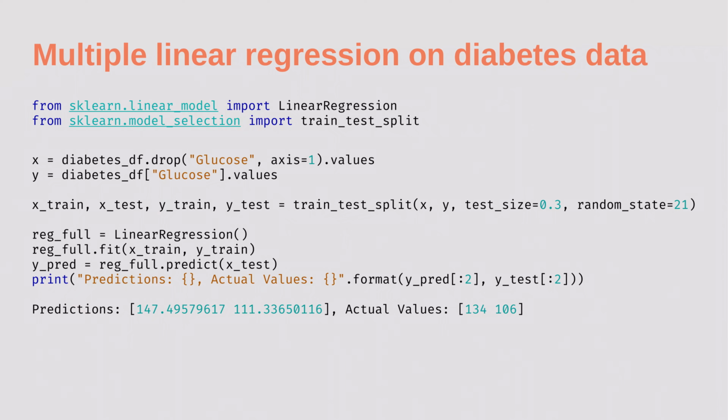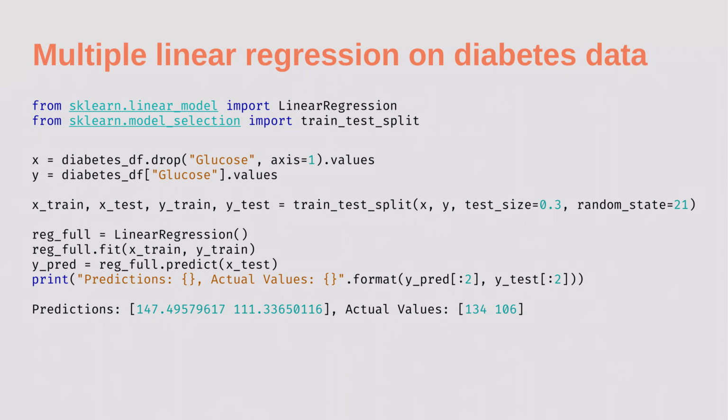Next, we split the data into training and test sets using the 70-30 training and test ratio. The train_test_split returns four arrays: x_train and x_test, the training and testing features, and y_train and y_test, the training and testing responses. Next, we instantiate a regression model as reg_full and fit it using the .fit method.